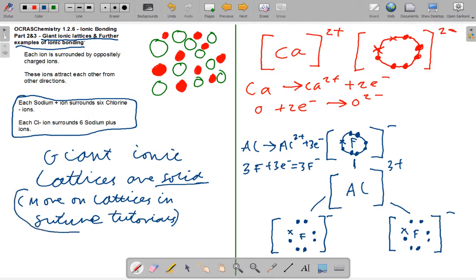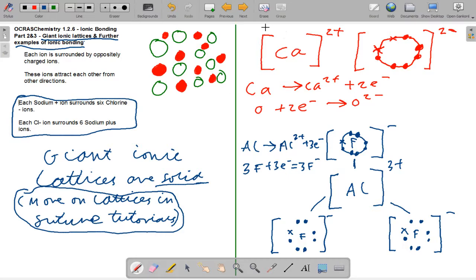I'll talk more about these in future tutorials, but in green I'll have the chloride minus ion, and in blue the sodium plus ion. So for every sodium one there is a chlorine one making up the lattice. Got one too many here. You should get the idea that they are strongly attracted to each other.